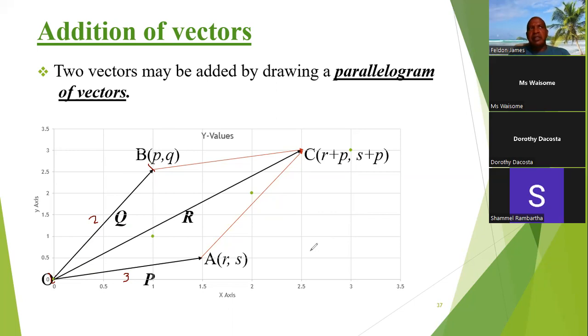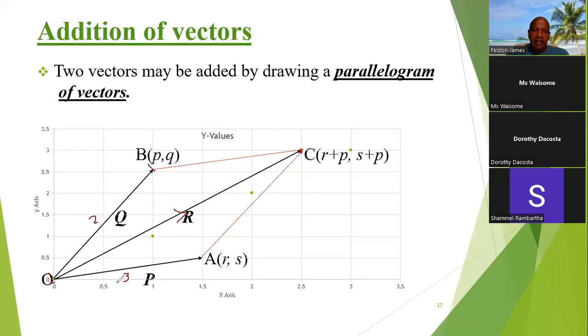So in other words, if you are pulling a string and this person is pulling a string, then this person R pulling his string in this direction would have an equivalent pulling force as the 2 and 3 combined.